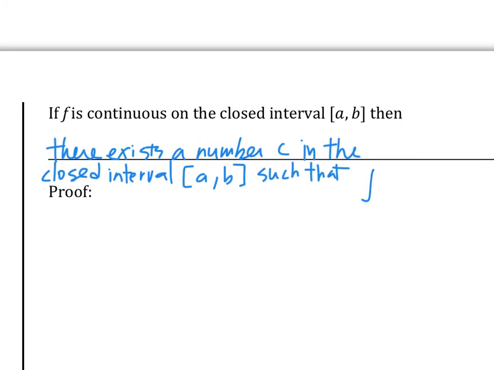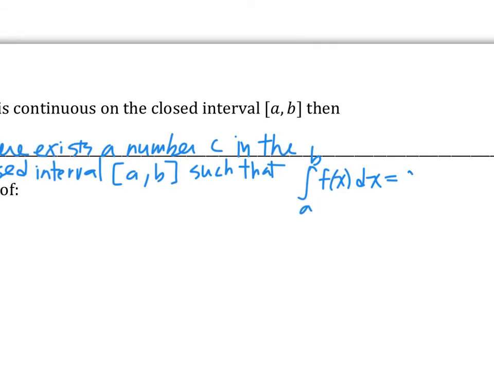the integral of f of x dx from a to b is equal to f of c times b minus a. Okay, mean value theorem: if f is continuous on the closed interval a to b, then there exists a number c in the closed interval a to b.